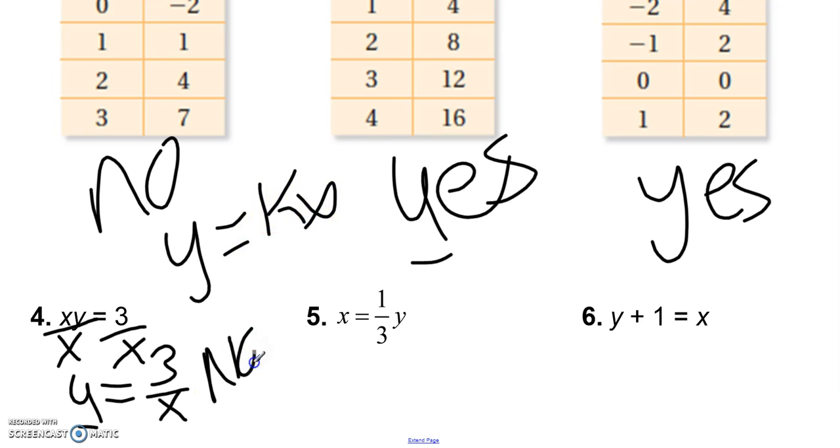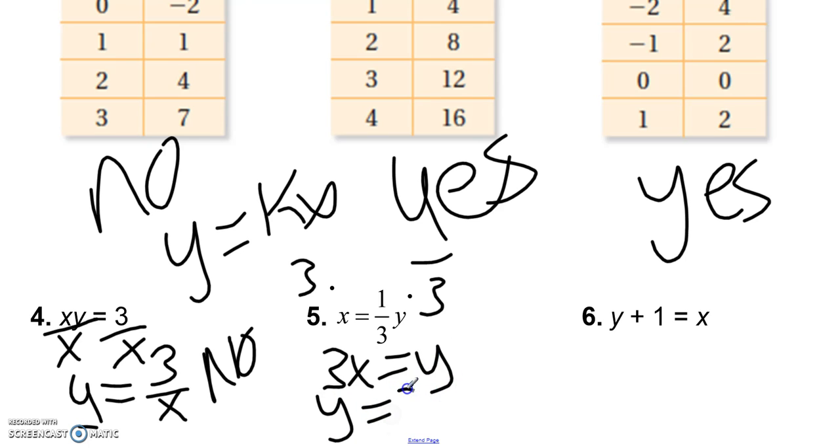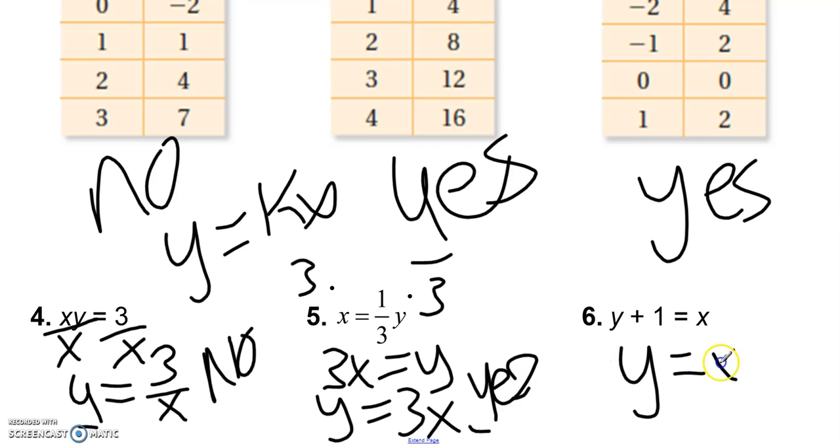No, so no. Multiply by 3, multiply by 3, we have 3x equals y, which we can rewrite as y equals 3x, and that's a yes. And then this one is y equals x minus 1, because I subtracted the 1 over from both sides, and that's a no. So I don't think it's too bad.